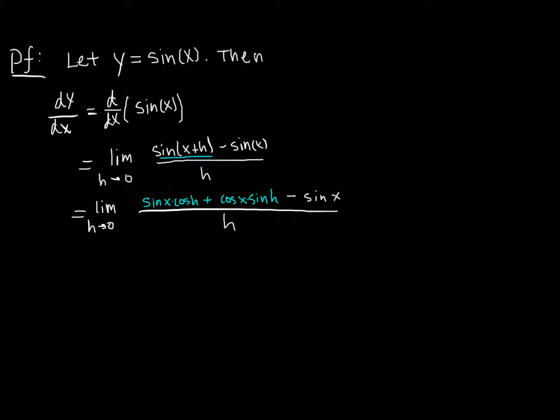At this point, what I want to do is think about how I can rearrange my limit statements so that I can either be taking the limit of something that doesn't involve h, you notice the sine of x here, or have a limit that I know how to evaluate.